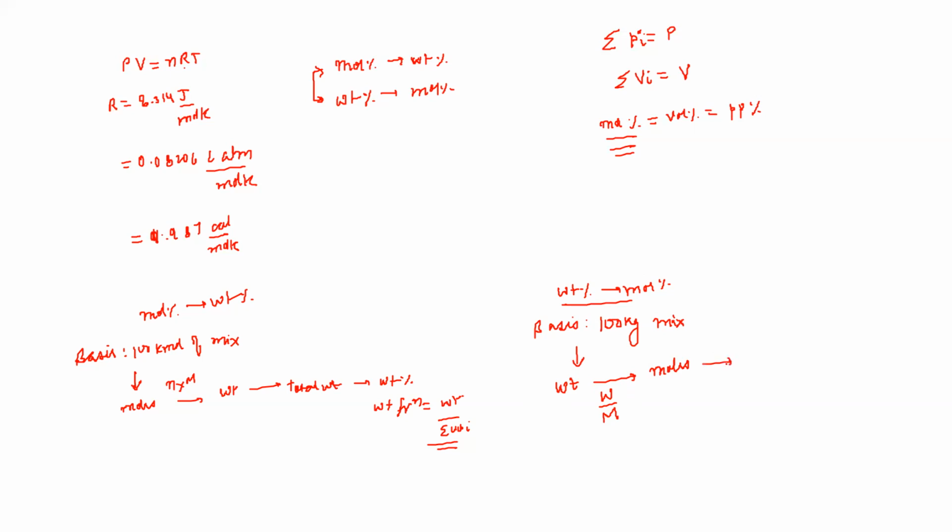After that, from individual moles, we get the total moles. And finally, we get mole fraction equal to individual moles upon total moles. All right. This is what we discussed in the previous class, and we discussed certain problems based on this.